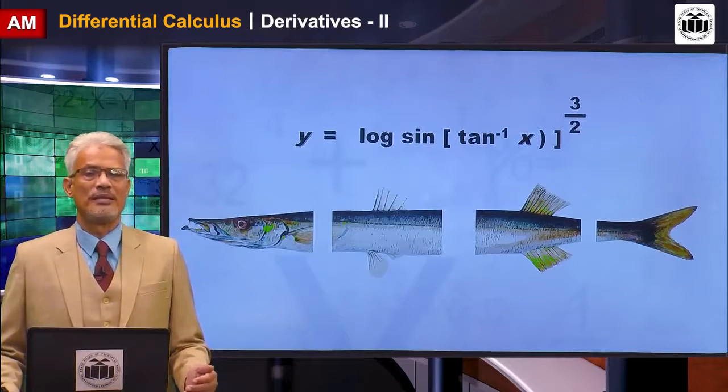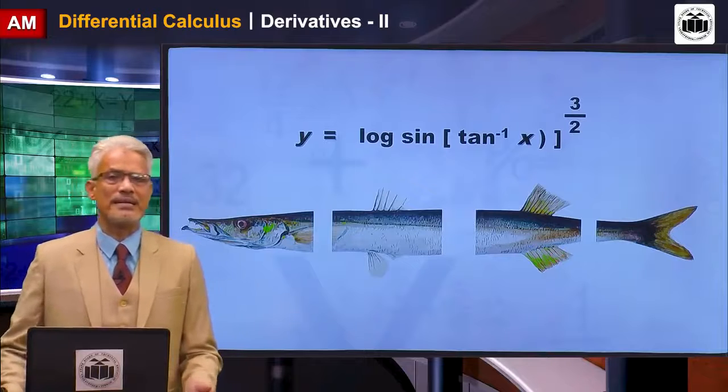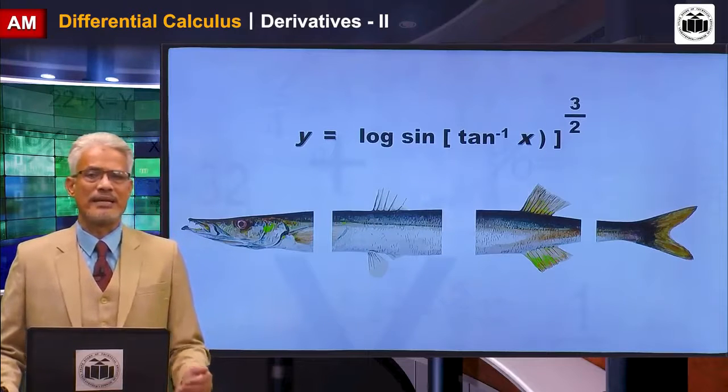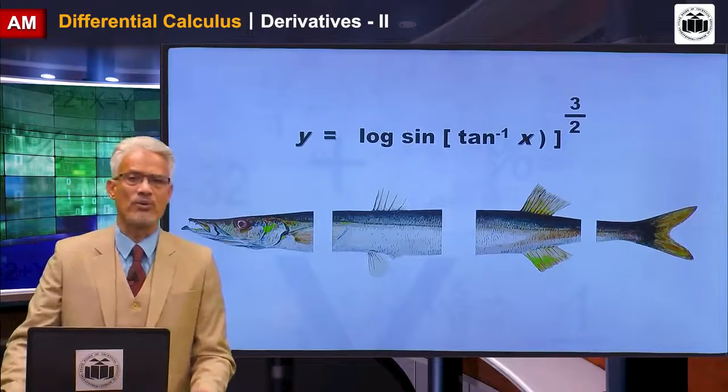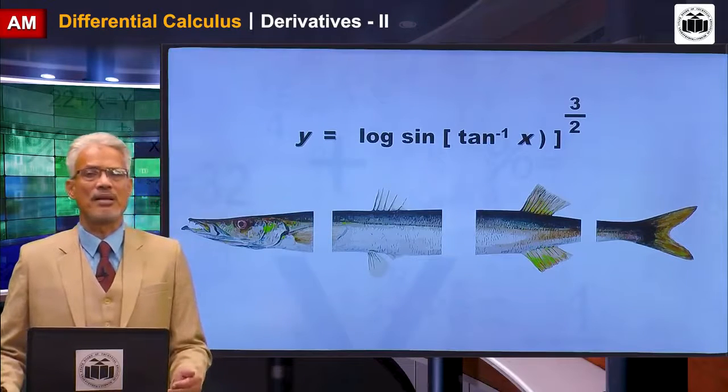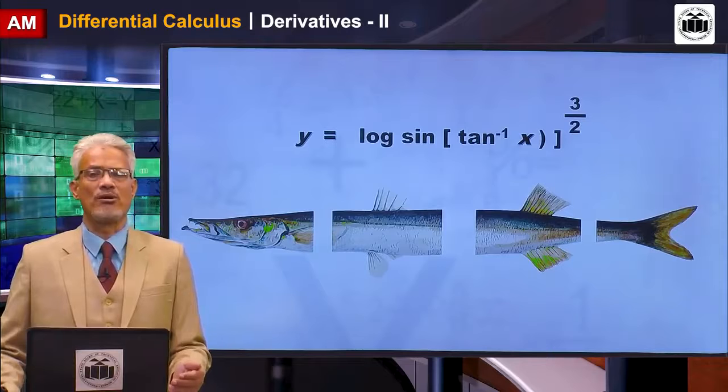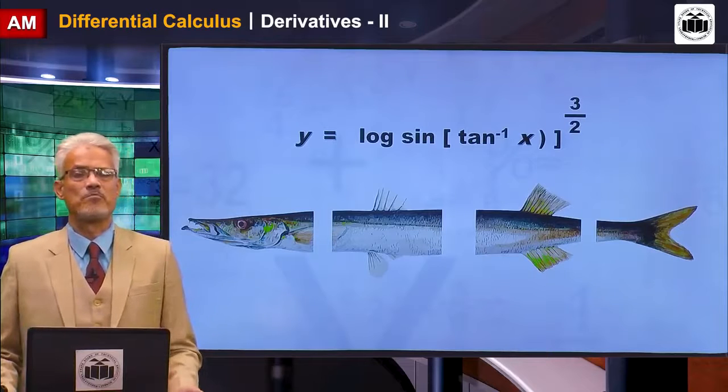You know, derivative of log x is 1 upon x, that's why here in this case it is 1 upon log sine tan inverse x. Again, there is a sine, that is another function, and we know the derivative of sine is cos, that's why into cos tan inverse x.